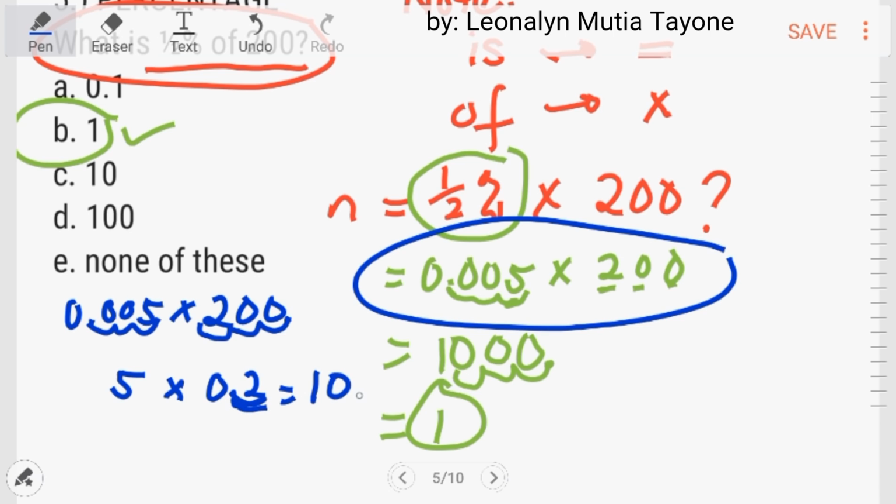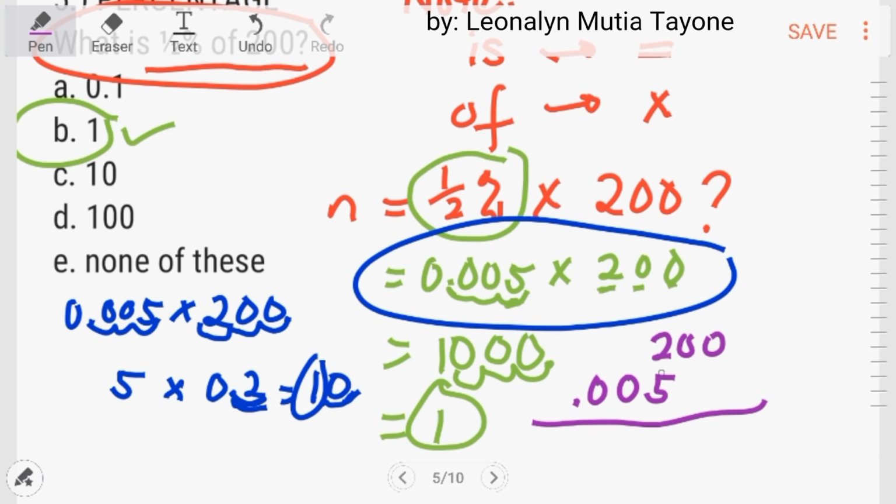Tapos, isang point, ilagay mo dyan. So, the answer is 1. Another pa, isa pang multiplication. 5 point, yan. Ito lang i-multiply mo and that is 10, tapos bring down mo yung 0 na yan. Then, i-count mo yung mga decimal, 1, 2, 3. The answer is 1.